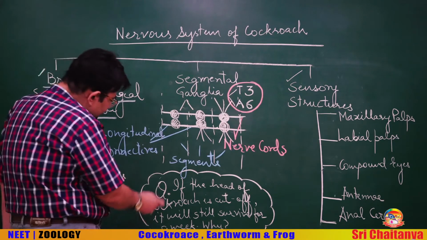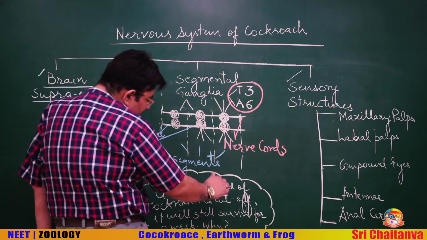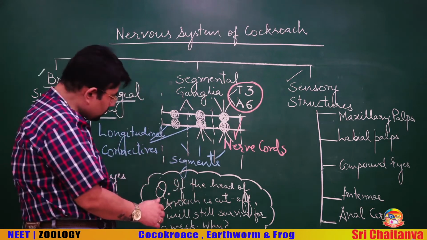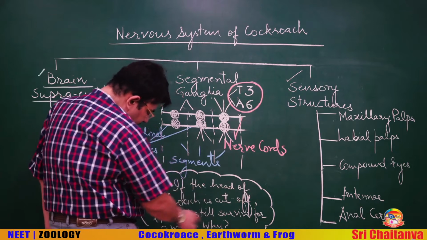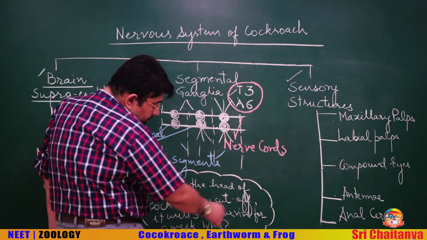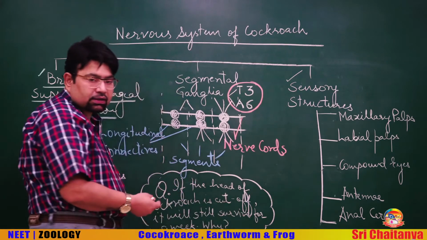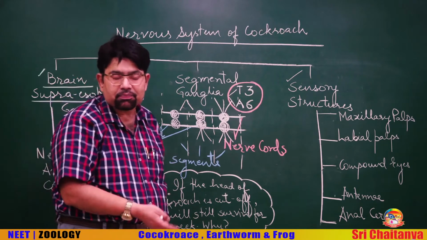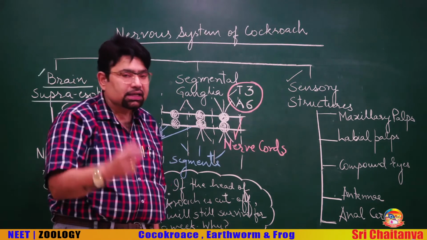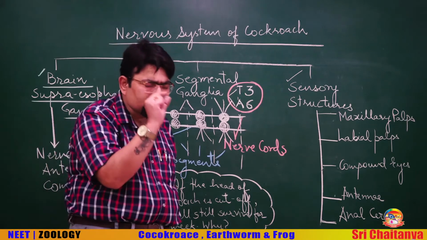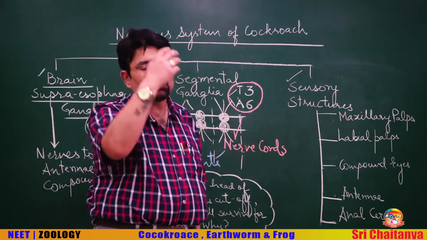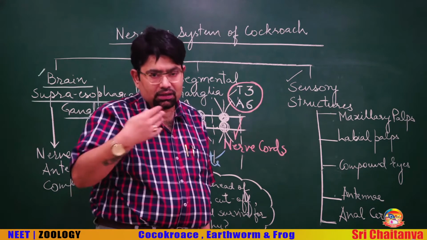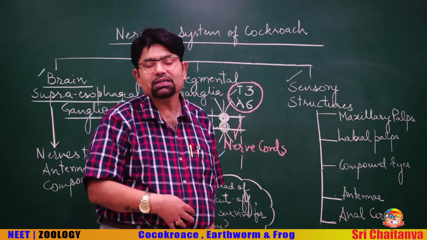Therefore, if the head of a cockroach is cut off, it will survive for about a week. How and why? The reason is that in the head region, very little part of the nervous system is present, and the majority of the nervous system is in the thoracic and the abdominal segments.